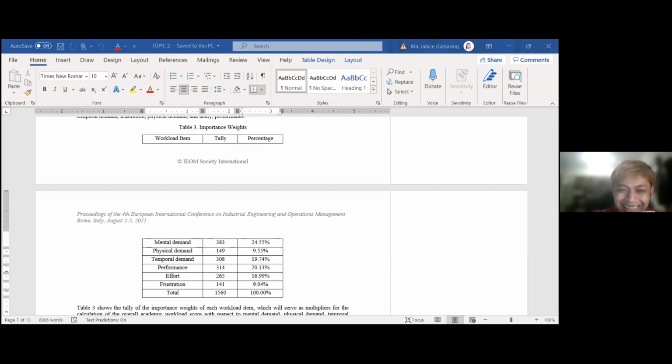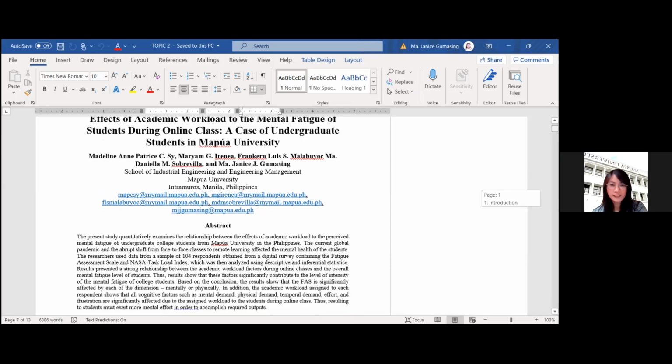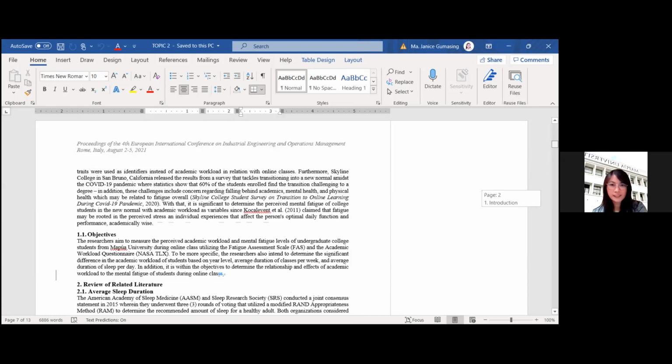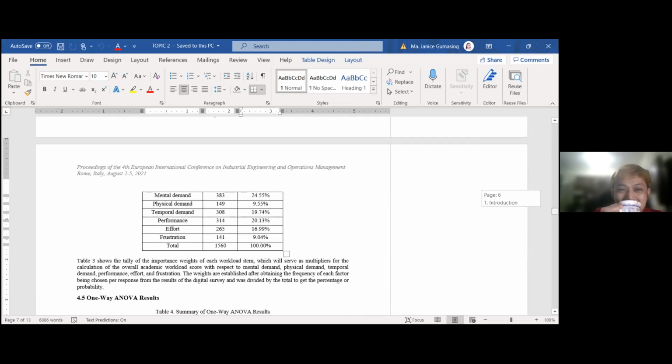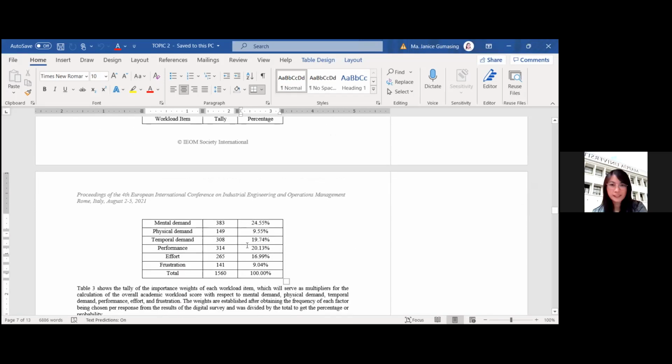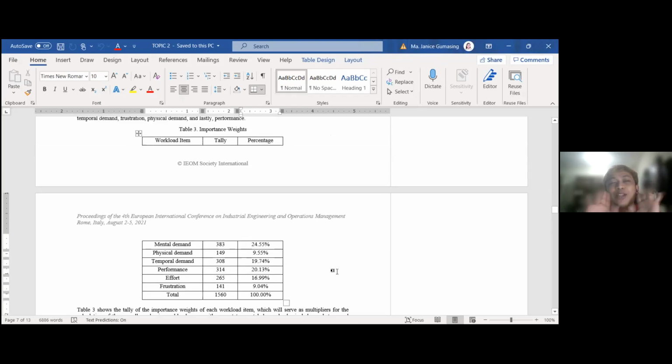I see. It should be individual. Well, luckily I haven't submitted this yet to a conference, so we have to change the results. For example, based on the total tally, we got 24.5% for the mental workload. No, you cannot put the overall.